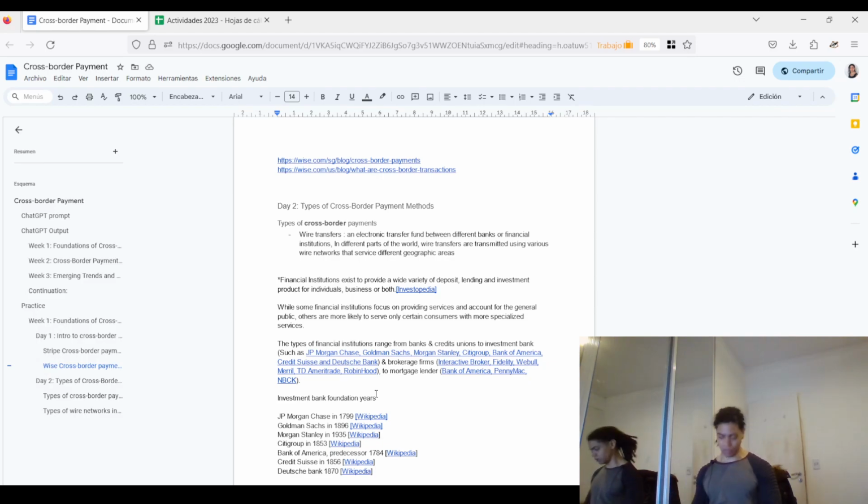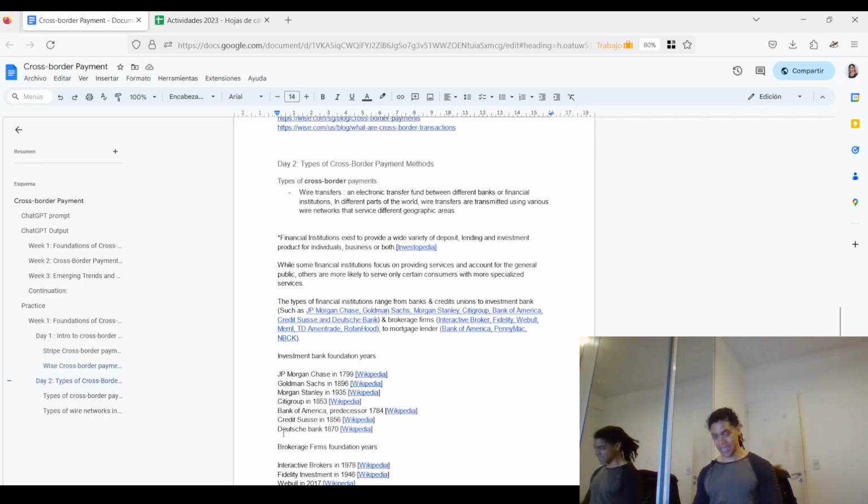Bank of America, or its predecessor, founded in 1796. Credit Suisse in 1856. And Deutsche Bank in 1870. So this is just to describe some types of financial institutions, investment banks.